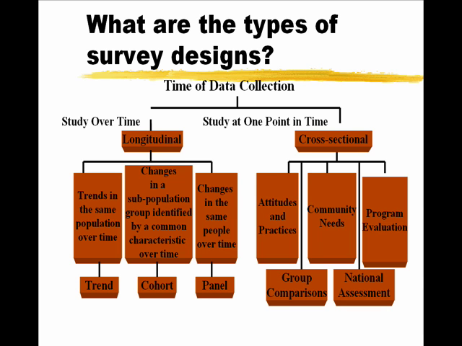So as you can see there, between the longitudinal and cross-sectional, there's different reasons why we use each one. The longitudinal, we can look at trends in the same population over time. Or we can look at changes in that subpopulation or group identified by a common characteristic over time. Or we can look at changes in the same people over time. So again, the key thing is that it's not just one time.